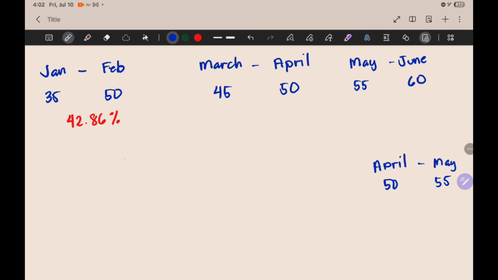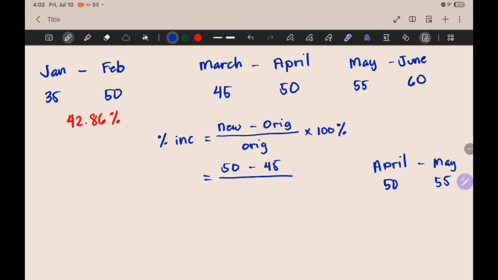Again, using the formula, percentage increase equals the new value minus the original value or the old value all over the original value times 100%. So, that is equal to 50 minus 45 over 45 times 100%. 50 minus 45 is equal to 5 over 45 times 100%.